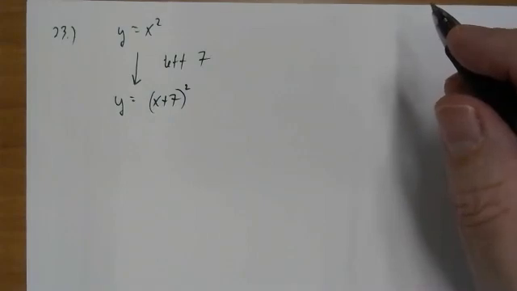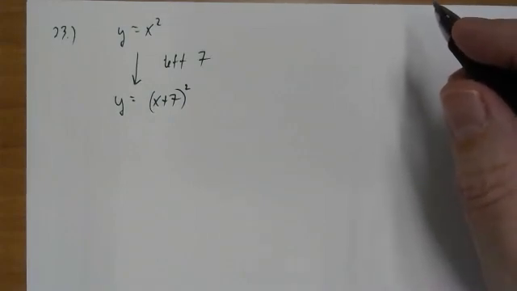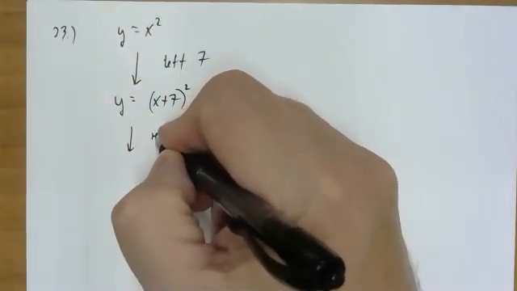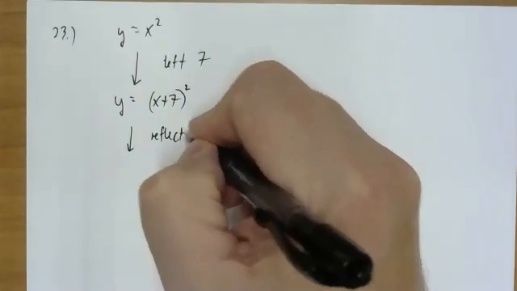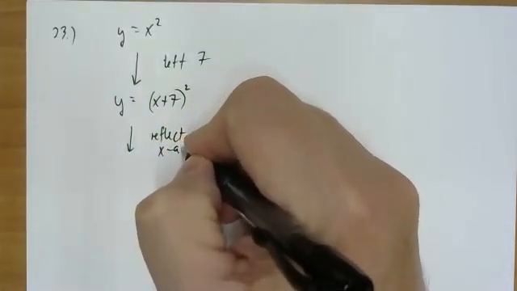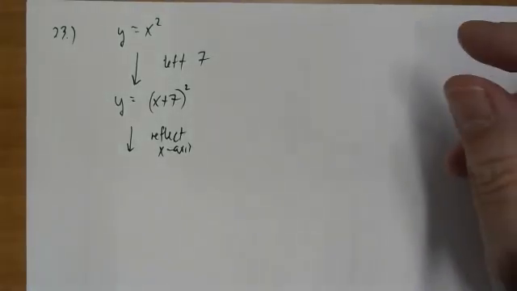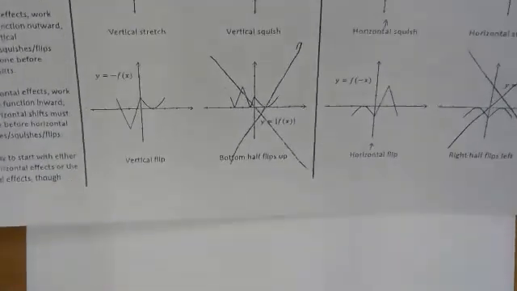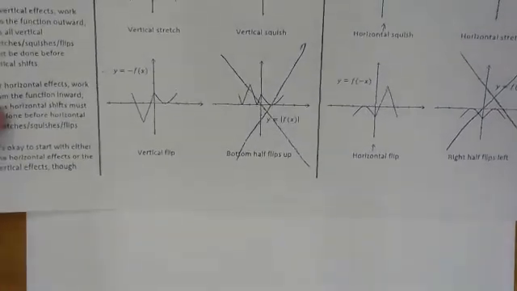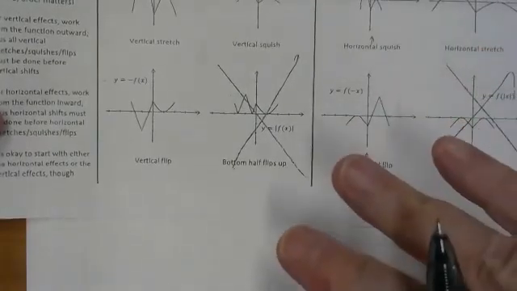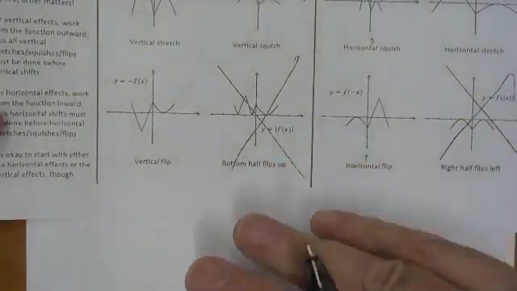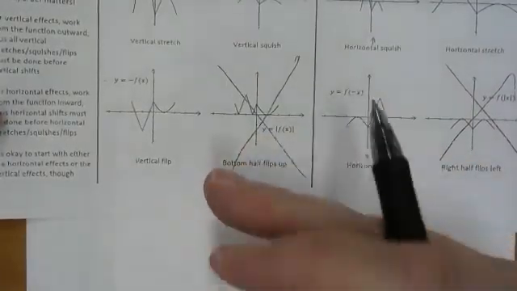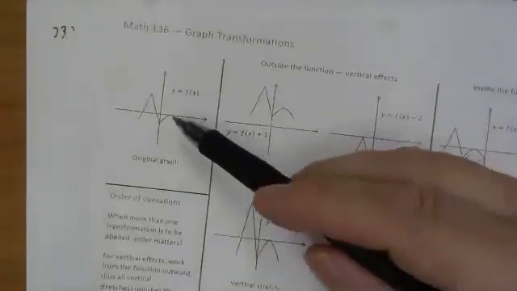Now the next thing it says to do is reflect around the x-axis. Here it says vertical flip, horizontal flip. But reflecting around the x-axis means you make a half turn and it pivots around the x-axis.